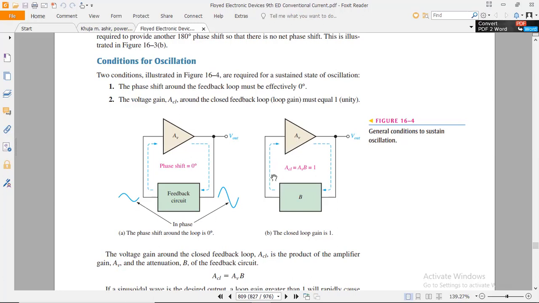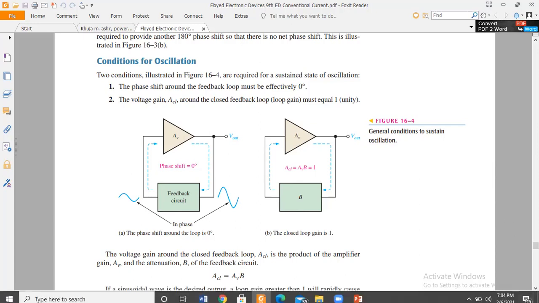In this configuration, you can see, as per this comparison, this is another view of this concept: the feedback circuit of the loop is represented by a block, that is B, the closed loop gain is 1, and the multiplied voltage gain and attenuation multiplied with each other form a unity feedback, that we call a closed loop unity feedback configuration of the circuit.